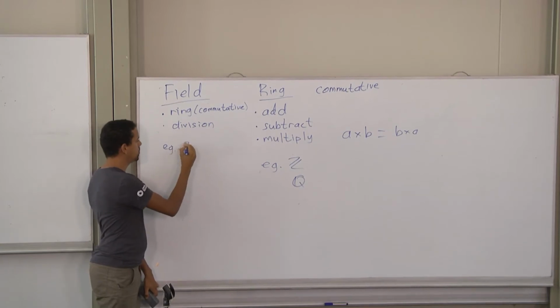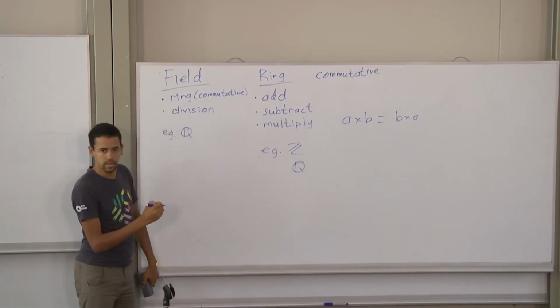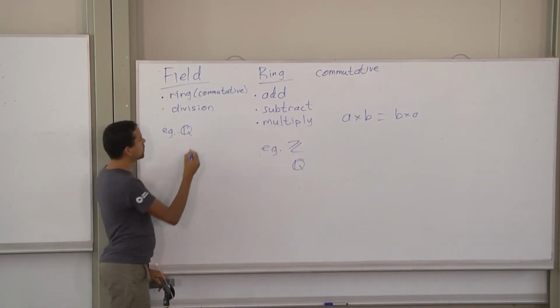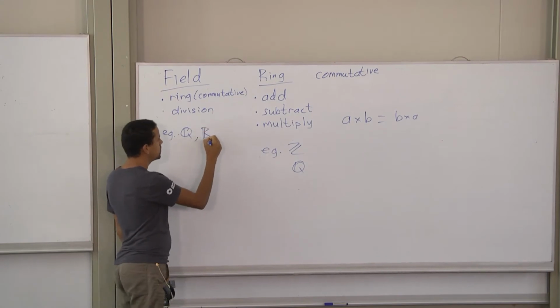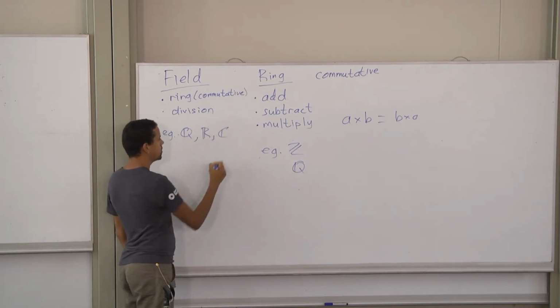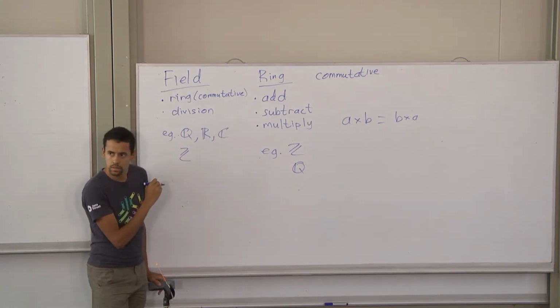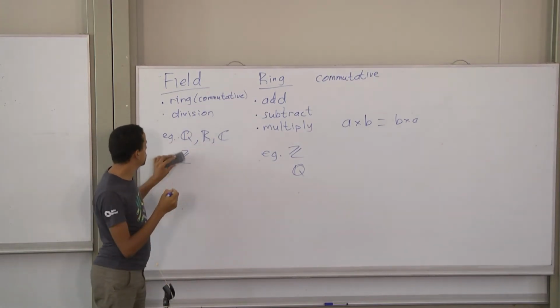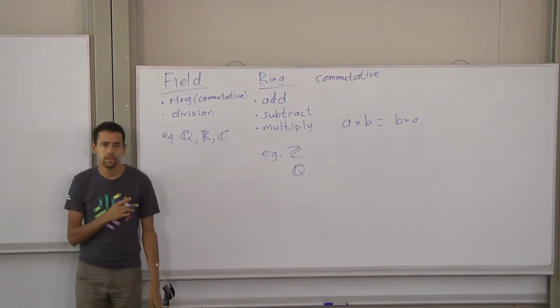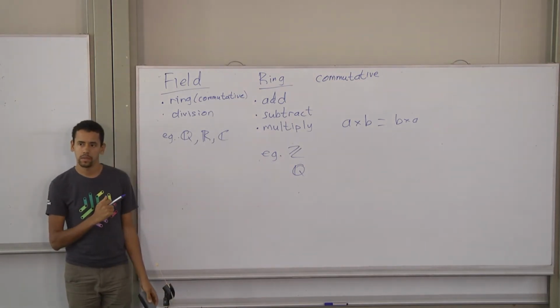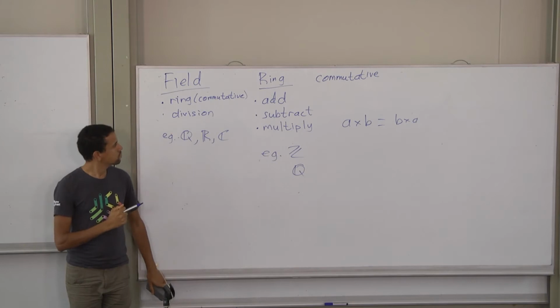So, examples: the rational numbers is a field. The real numbers is a field. The complex numbers is a field. Is the integers a field? No, it is not. If you divide two integers, it doesn't always give you another integer.